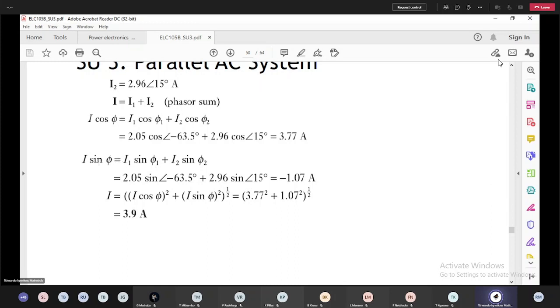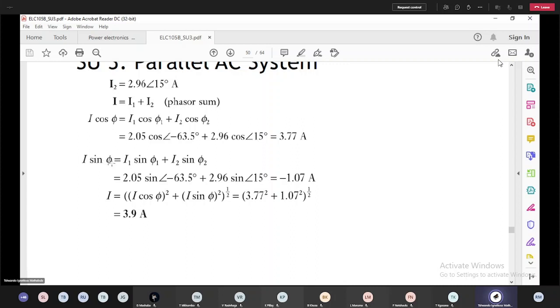Now, the same is true for the sine component, or rather what we refer to as the reactive component, and this language of active and reactive will become more pronounced when you start dealing with powers. So the sine component of the total current will be the sum of the sine components of the various currents, in this instance I1 and I2.